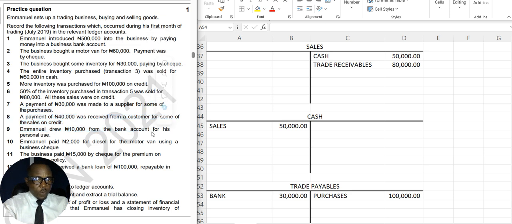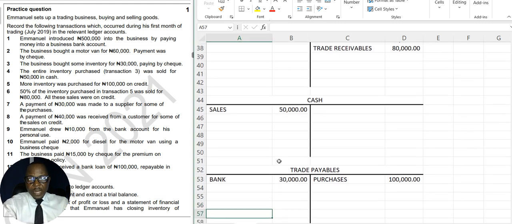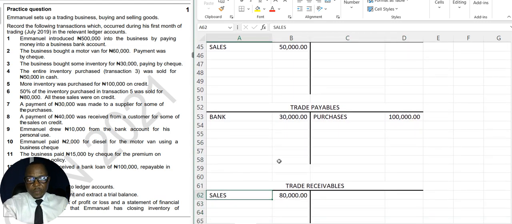All right, the next line is what? Number 8. A payment of 40,000 naira was received from a customer for some of the sales on credit. Just like the way we treated the trade payables, now we're going to treat the trade receivables. So trade receivables will be reduced by this amount.